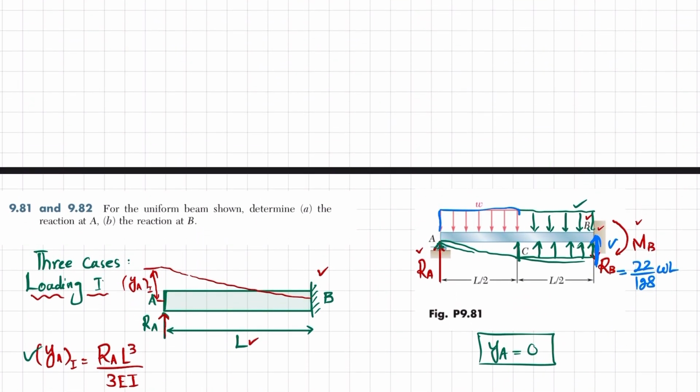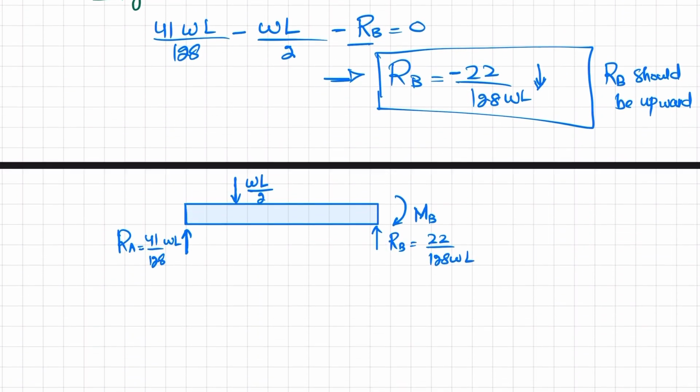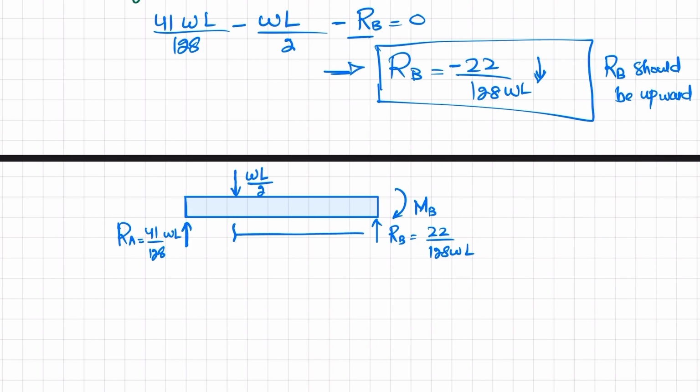What will be the position? It will be L by 2, and from total it will be 3L by 4. So this distance will be 3L over 4, and this will be L by 2.